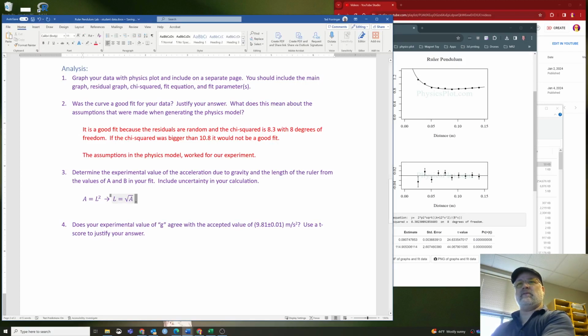Okay. So, from that, we learn that L is equal to the square root of 0.090747853.